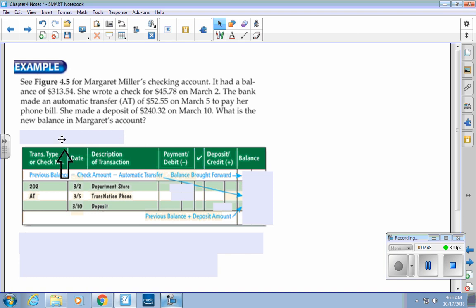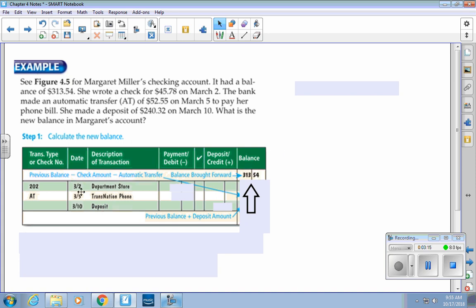So the first thing we're going to do is calculate the new balance. So we've written previous balance minus the check amounts minus the automatic transfer. But the first thing we need to do is take this $313.54 and add it as our balance.